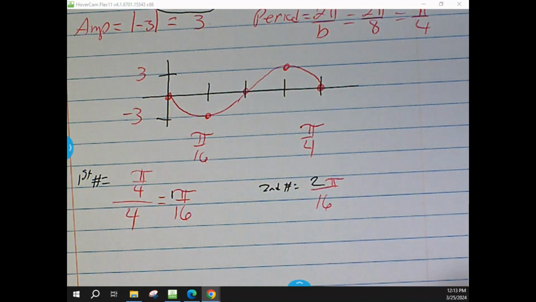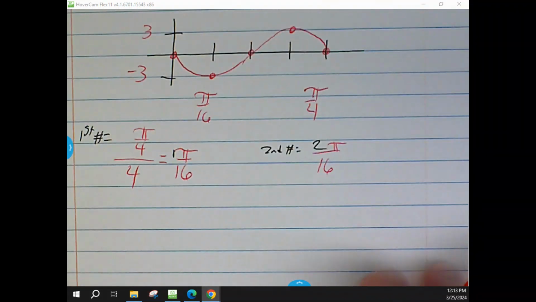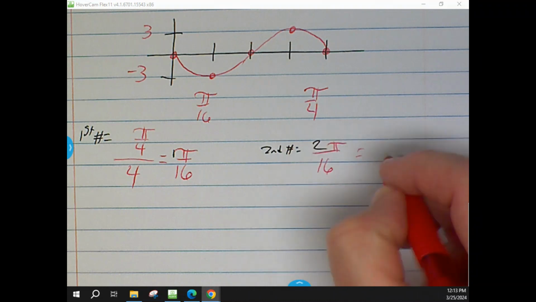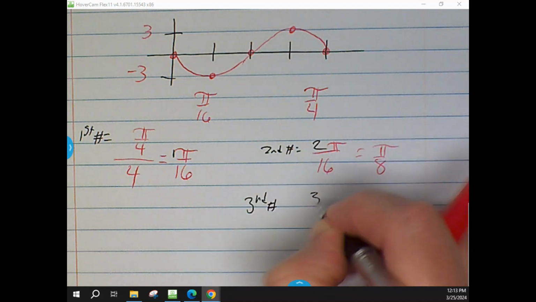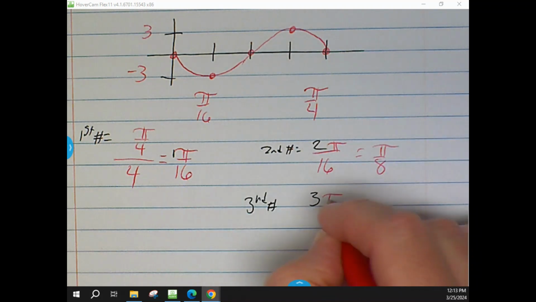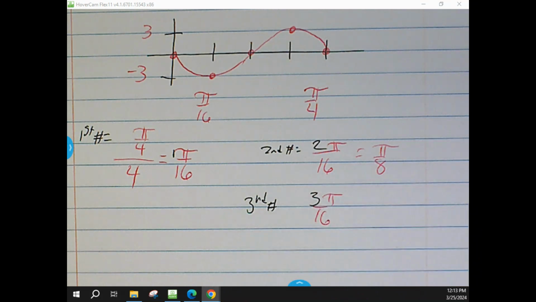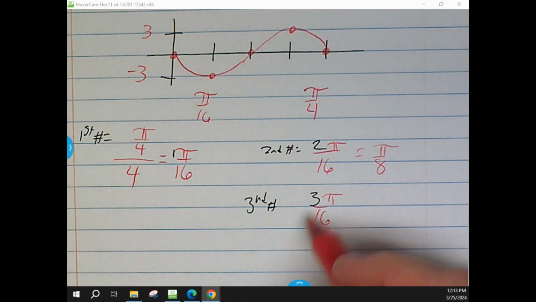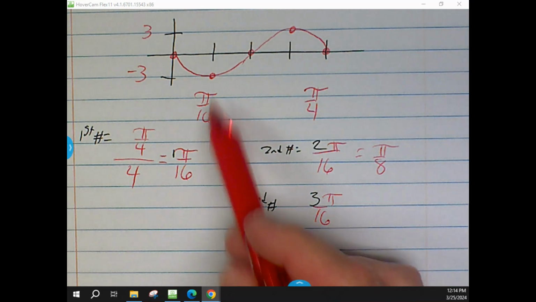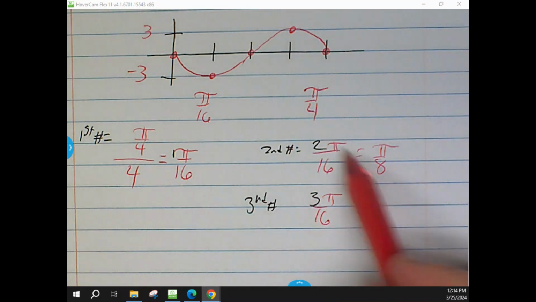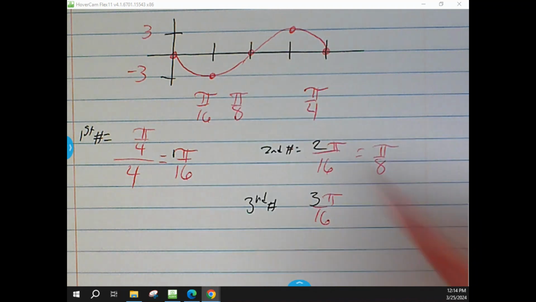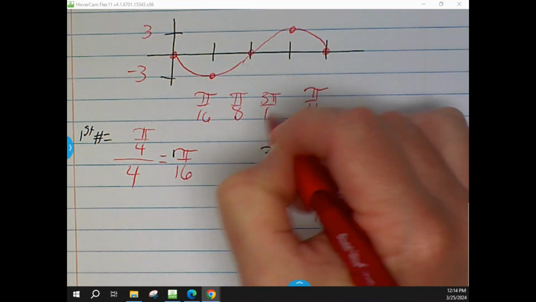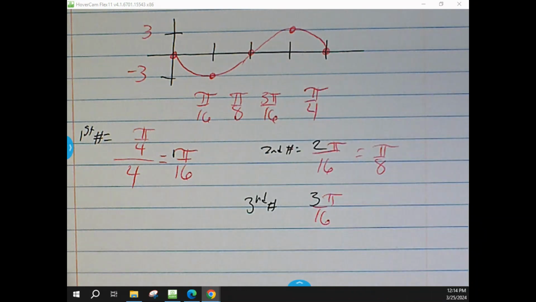But if we've got 2 pi over 16, we can simplify that and make it 1 pi over 8, because we can divide them both by 2. And then our third number is going to be 3 pi over 16, and that one doesn't simplify, so it'll just stay 3 pi over 16. So we've got pi over 16, 2 pi over 16, 3 pi over 16, but the one that's 2 pi over 16 will simplify. Do we have that?